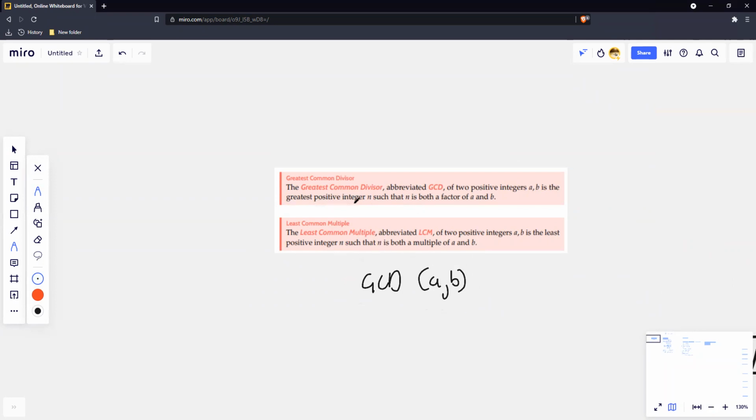It's the greatest positive integer n such that n is a factor of A and n is a factor of B. So basically this means n is a factor of A, n is a factor of B.